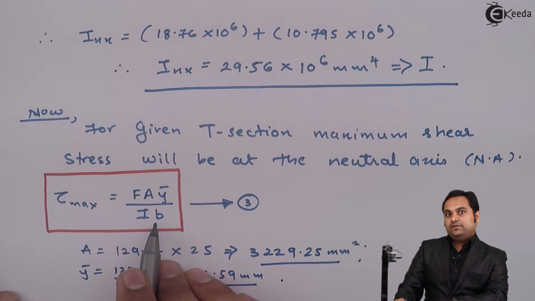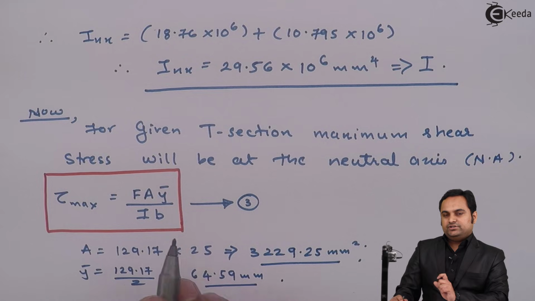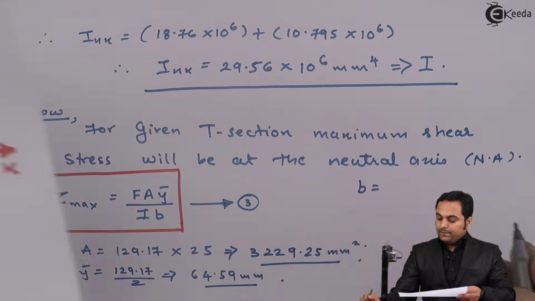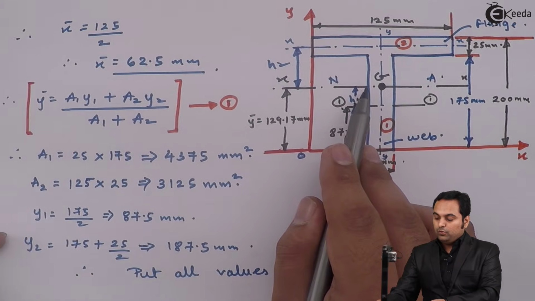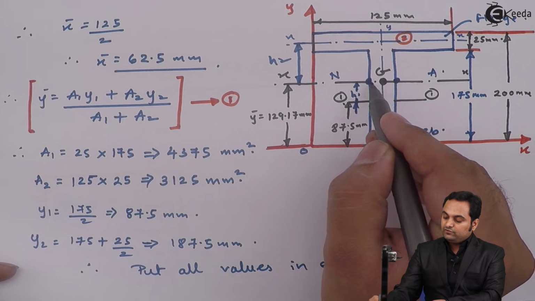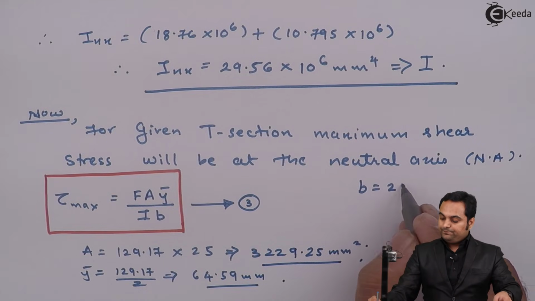Then I'll put all the values in equation 3, and for that I is the value here. B, since we want to calculate the stress at the neutral axis, the width B will be the width of the web, because at the neutral axis we have the web, so this much width we have to take, which is 25 mm.